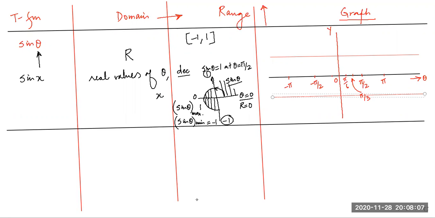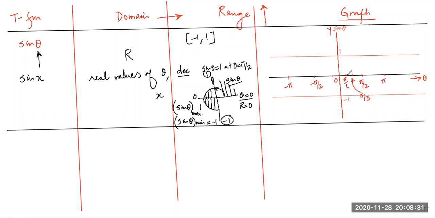Once again, this is 1 and this is minus 1. This is 0. Numeric values 1, 0, minus 1, right? So I'm using the y-axis for plotting the range. So guys, very simple. This is the value of sine theta. This is theta, this is sine theta, right?